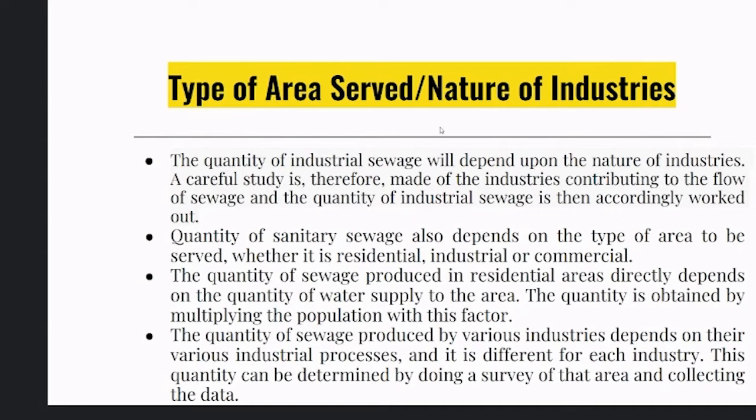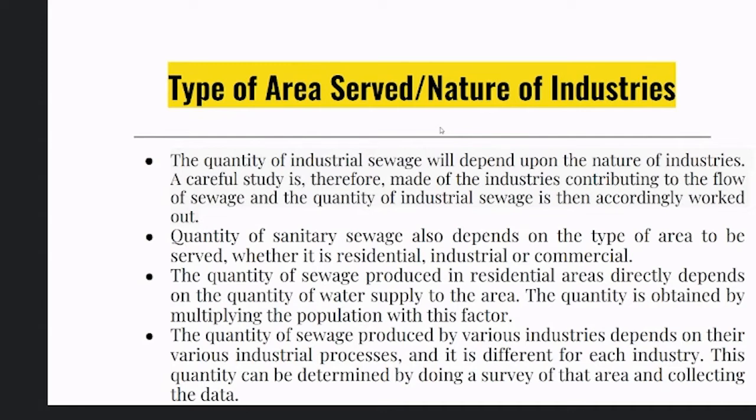And by that, ito yung sinasabi na dapat i-consider natin para sa type of area served, natures of industries. So dito, also additional para sa type of area served and nature of industries, nagkakaroon din tayo ng collection of data sa kung gaano karaming nailalabas sa isang, kunyari sa commercial building, kung gaano karaming nailalabas sa sewerage system ang isang Jollibee, kung gaano karaming nailalabas ang isang McDo, at kung gaano naman karaming naibabalik.